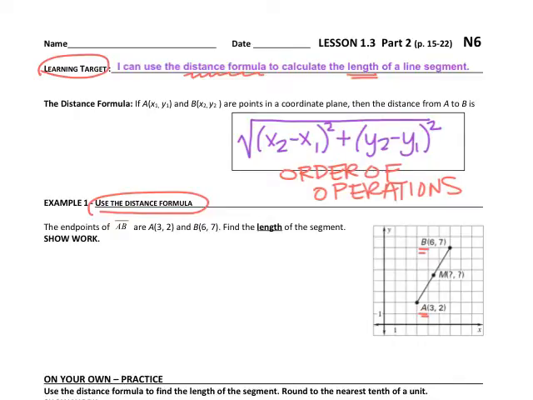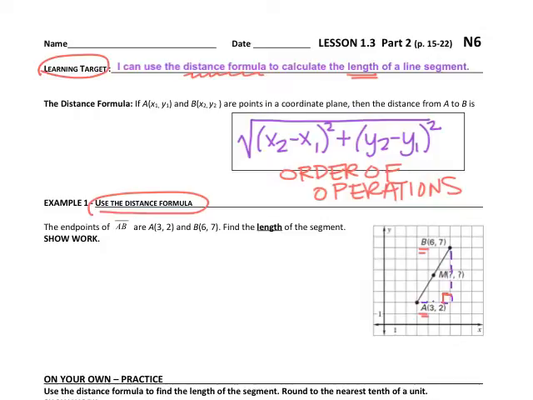So let's create a right triangle using this diagram. I've highlighted the two sides of the right triangle, and our segment that we need to find the length of is going to be the hypotenuse. This is a right triangle, and we know that the Pythagorean theorem works for any right triangle.